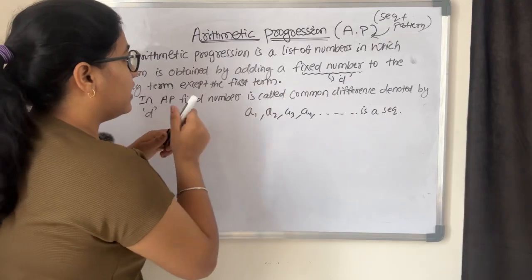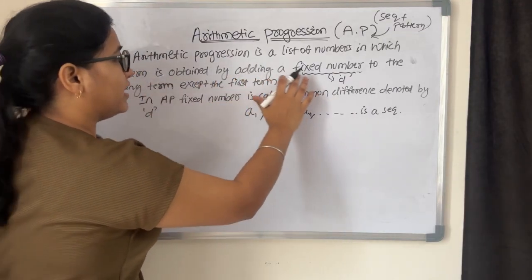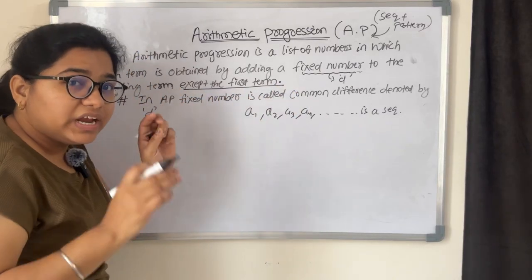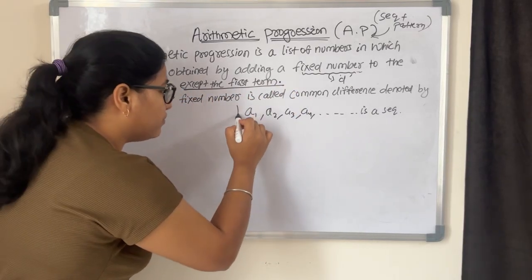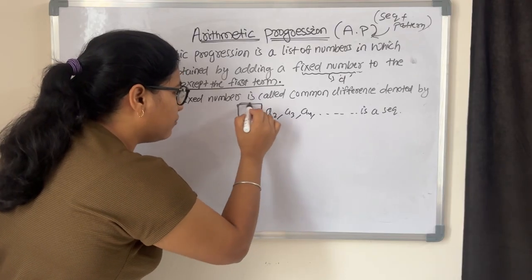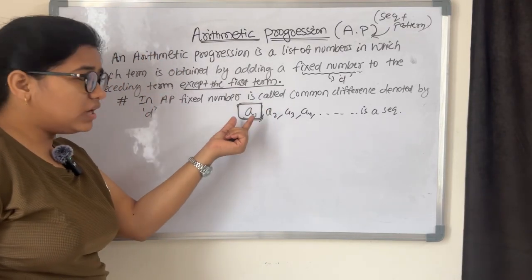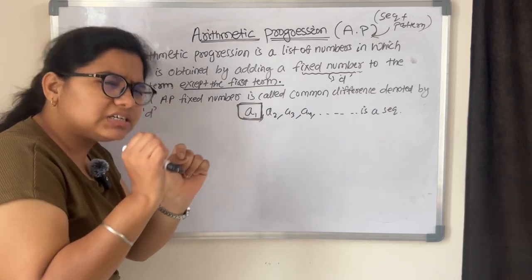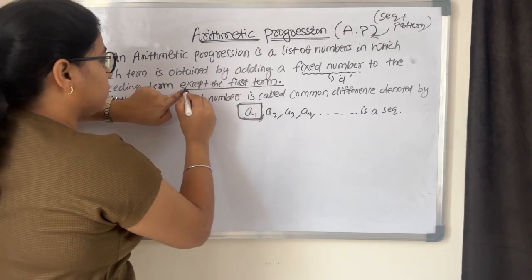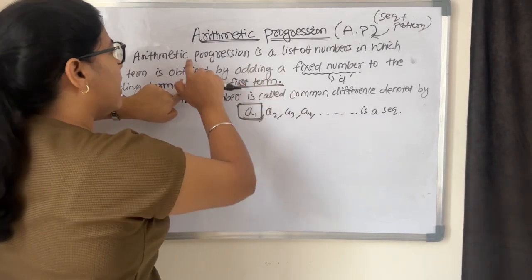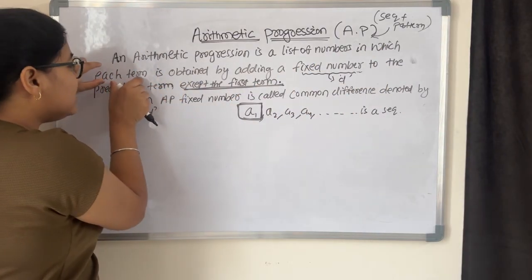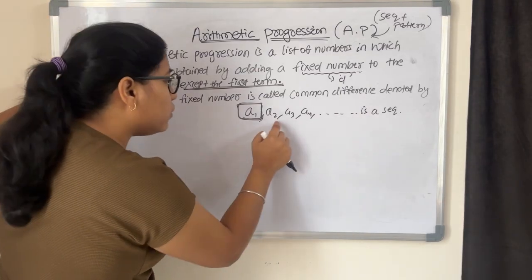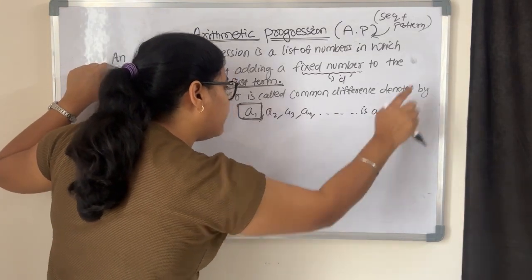See, each term is obtained by adding a fixed number to the preceding term except the first term. We need to exclude the first term. To check that pattern, we need to exclude this first term. No need to check A1. So except this first term, we need to check each term, how these terms are obtained.